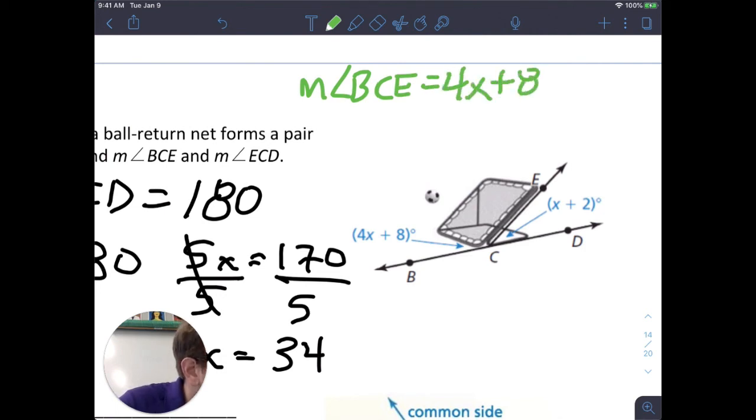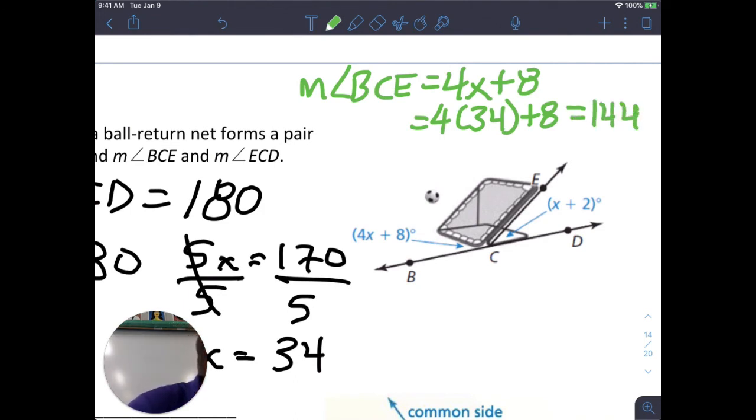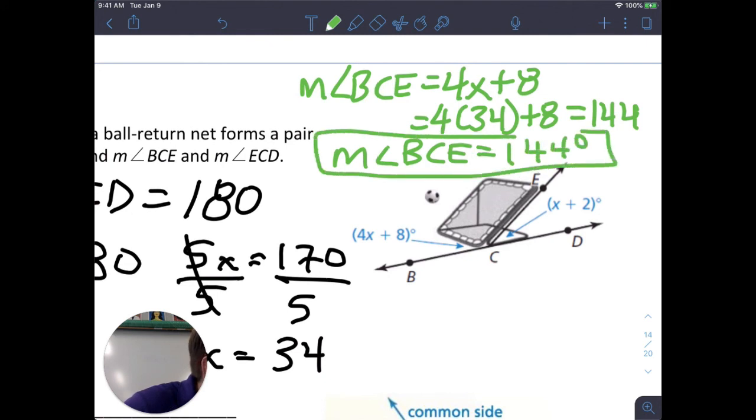And if we know that x is equal to 34, that's 4 times 34 plus 8. I would just do 4 times 34 and then add 8 to it, and I would get 144. So the measurement of angle BCE is equal to 144 degrees. That's one part of my answer.